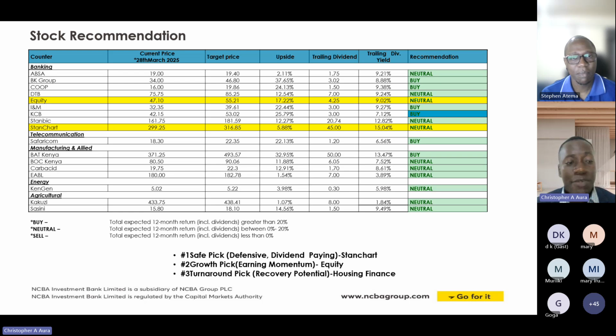The fact that they performed sluggishly in 2024 and 2023 is because of the macroeconomic conditions, because as I've said, they are a consumer company. So if you are looking for a good dividend paying stock, BAT also falls in the same category as Standard.